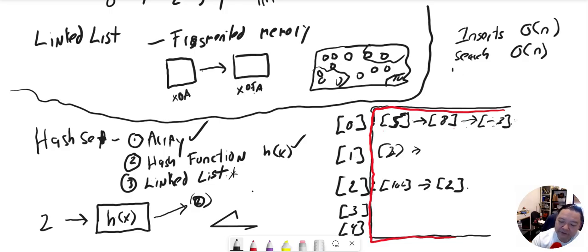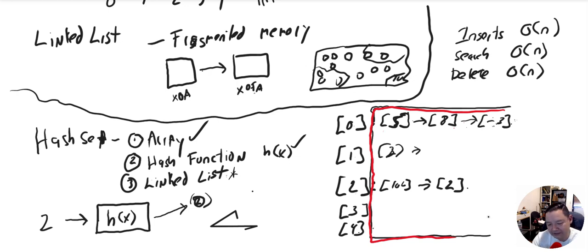And for a delete it is also O of n. An insert can be O of n because if it hashes to the last element in your array, that's n, and then I need to insert it at the end, so that's also going to be O of n. Same thing with a delete. If I want to delete an element, the worst case is I would have to go through to the last one.